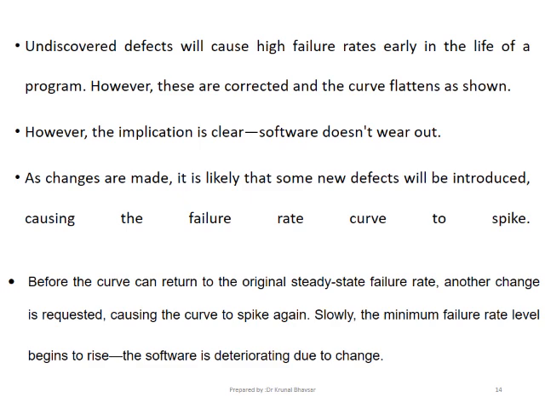As changes are made, it is likely that some new defects will be introduced, causing the failure rate curve to spike. Before the curve can return to the original steady-state failure rate, another change is requested, causing the curve to spike again. Slowly, the minimum failure rate level begins to rise. The software is deteriorating due to change.